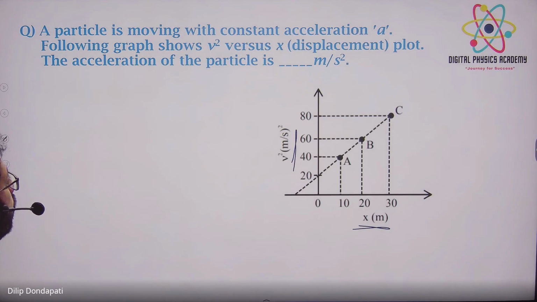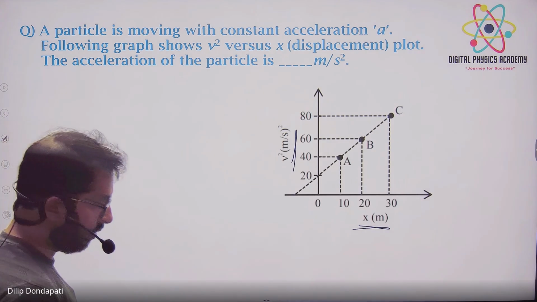The particle is moving with constant acceleration. The graph is given, v square versus x. He's telling the acceleration of the particle. So if you can find the slope, just equate it with 2a, because the slope of the v square versus s graph gives 2a. The answer is 4.